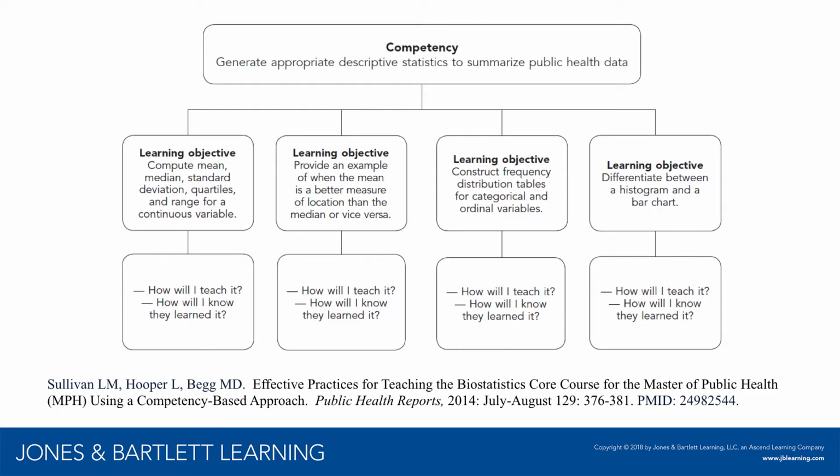Most of our courses are designed around competencies. What is it you want students to know and be able to do? When you design your course that way, it leads you to writing learning objectives, which I think we all do, but then asking the questions for each learning objective: how will I teach this, and how will I know that they learned it?